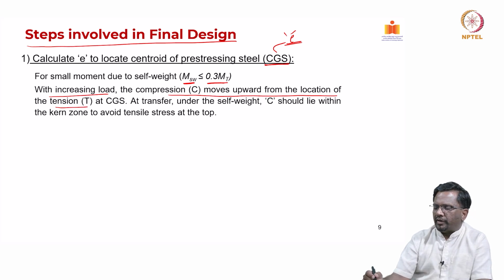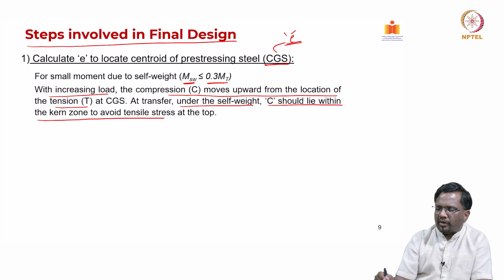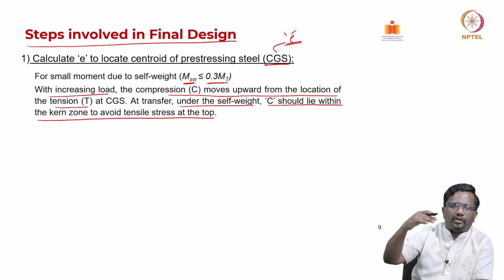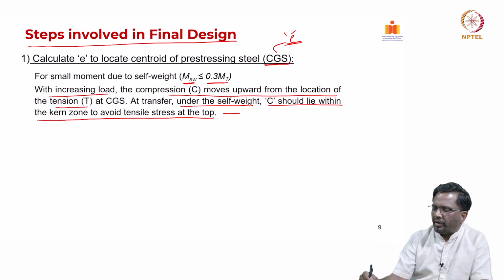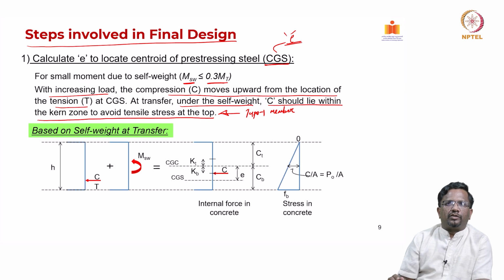Therefore, at transfer under the self-weight, C should lie within Kern zone to avoid tension stress at the top. So C should be within the Kern zone for a type 1 member, right? So this is for type 1. For type 1 member, this is what it is.